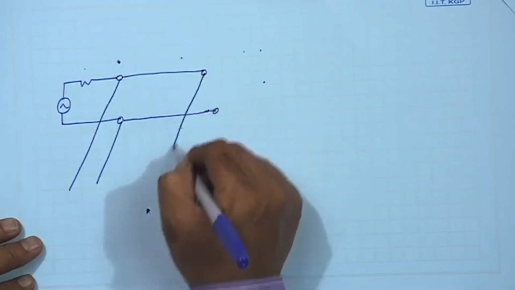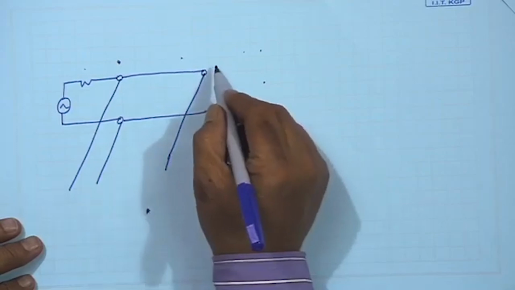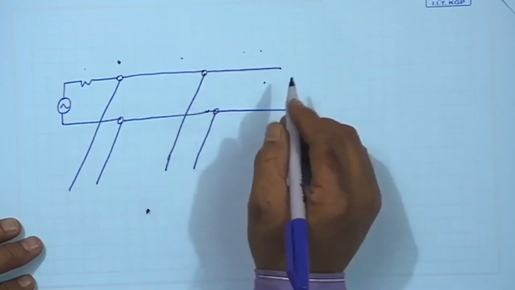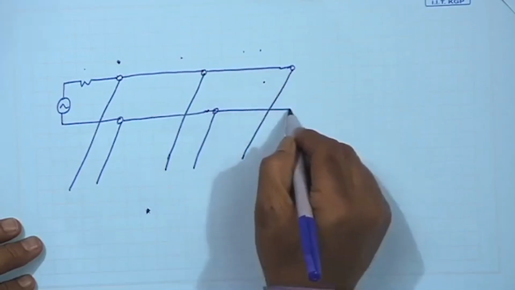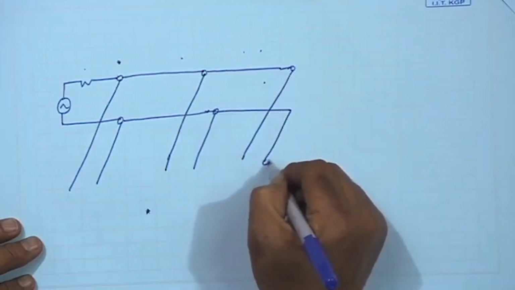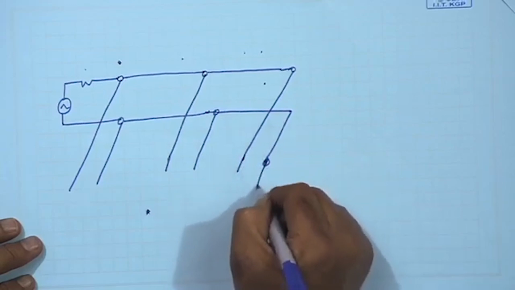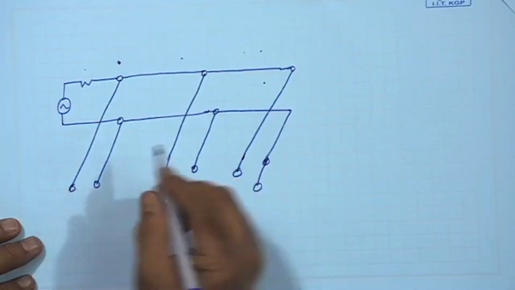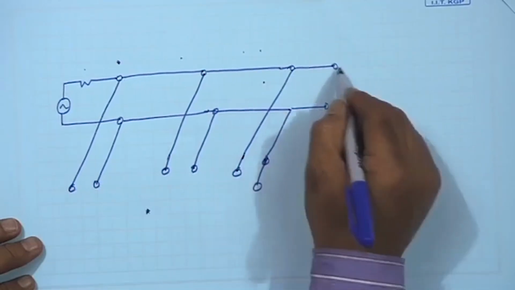Then we will have our original L1, then again we will put another unit element, and then we will close that.